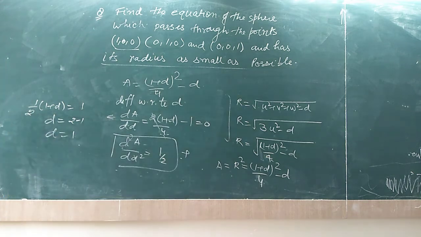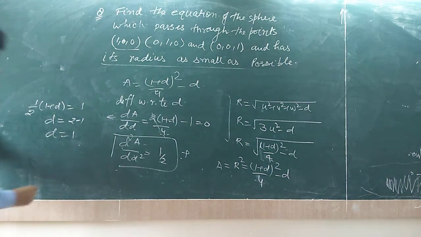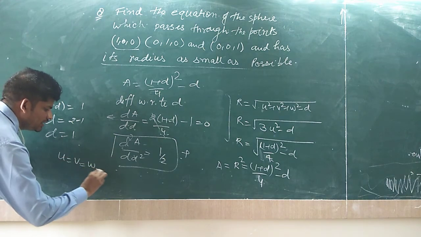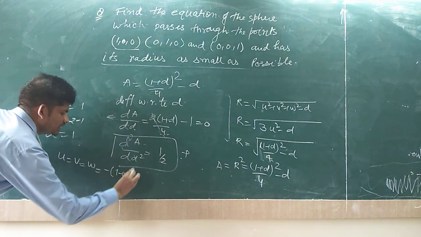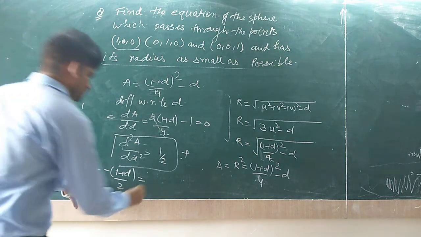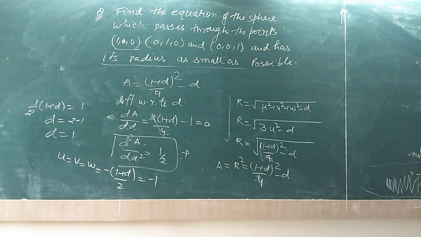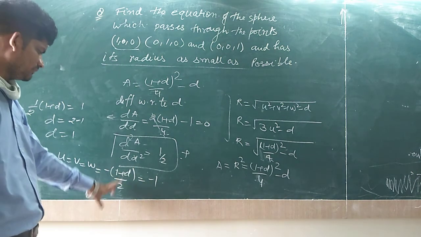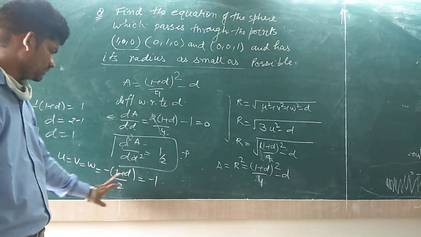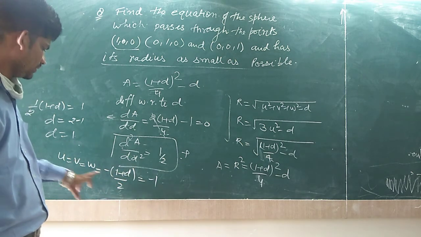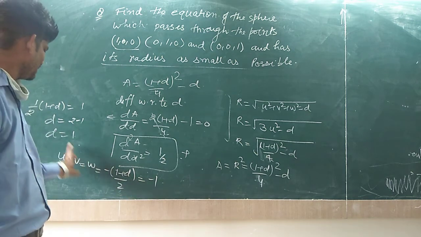Given d equal to 1, the value of u, v, w equal to minus (1 plus d) upon 2; putting 1 plus 1 is 2 divided by 2 is 1, so u, v, w are minus 1, minus 1, minus 1 and d is 1.